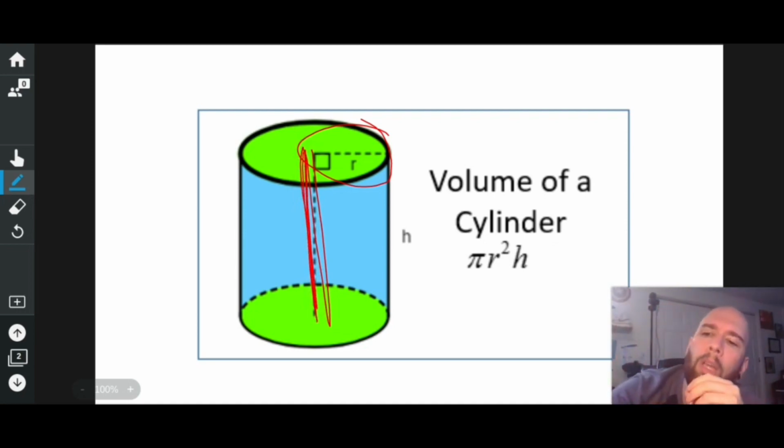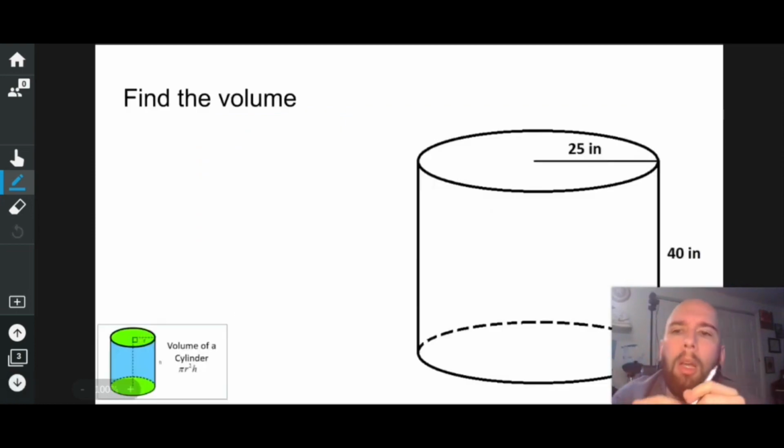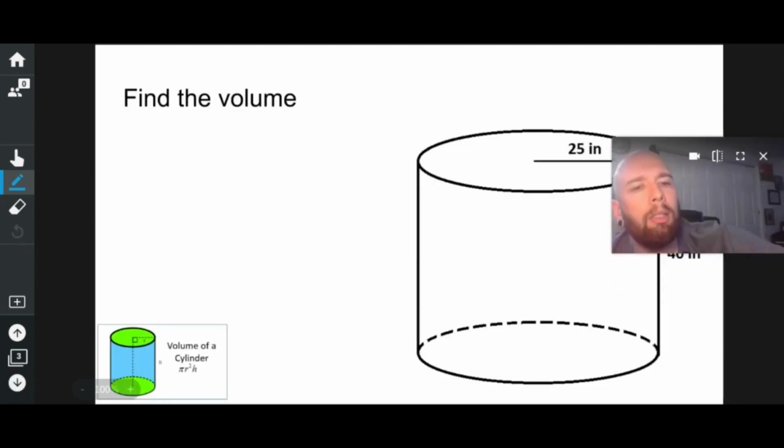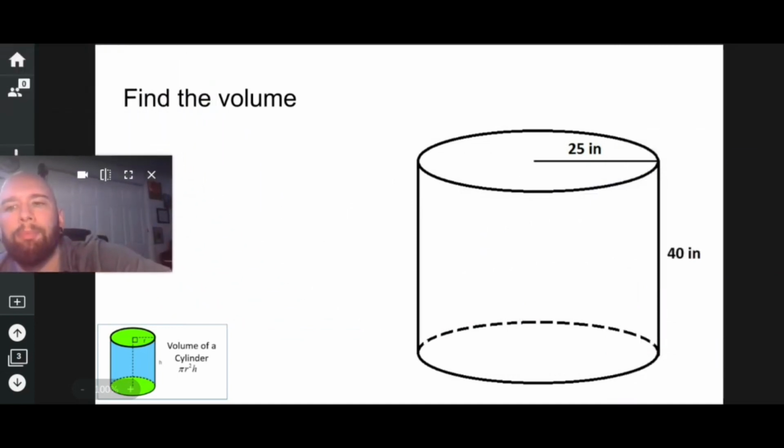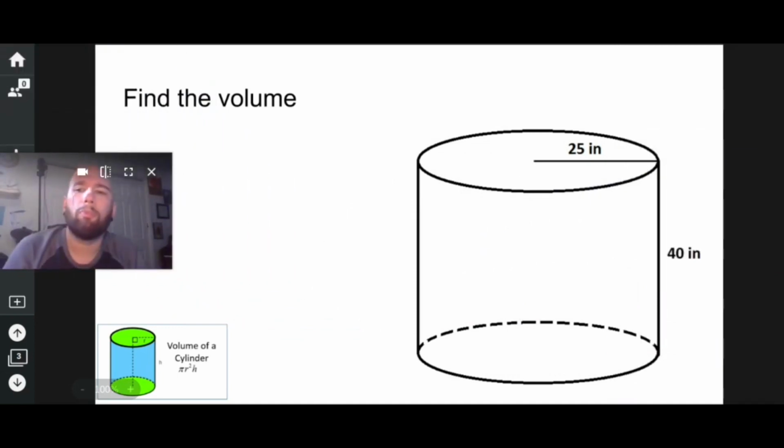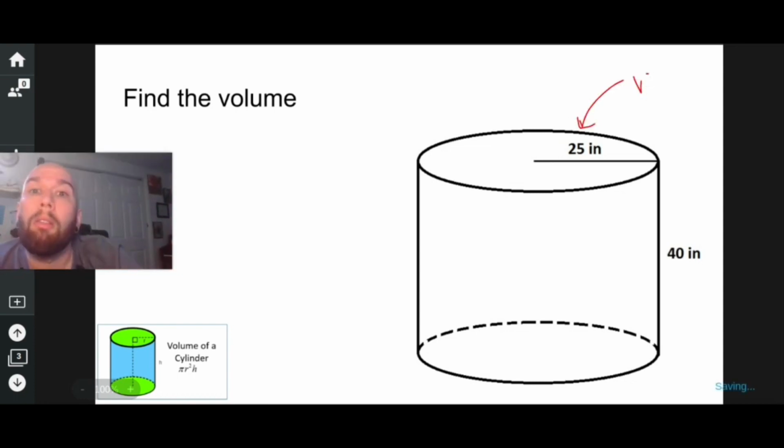So let's find the volume of a bunch of different objects, shall we? There you go. So we have the shape right there. It is a cylinder. I have a radius. I have a height.